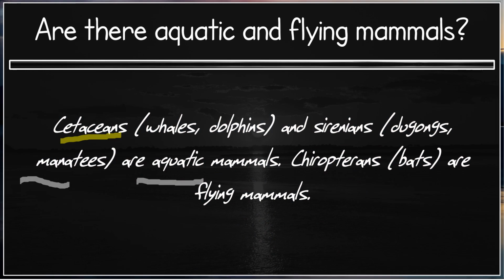Cetaceans, whales and dolphins, and the sirenians, dugongs and manatees, are aquatic mammals. Chiropterans, the bats, are flying mammals.